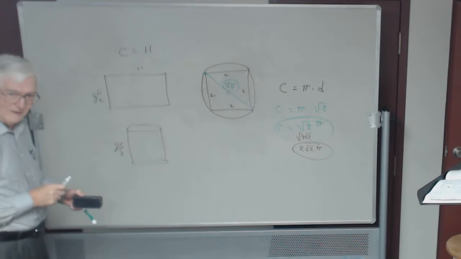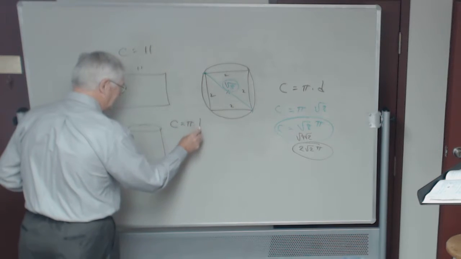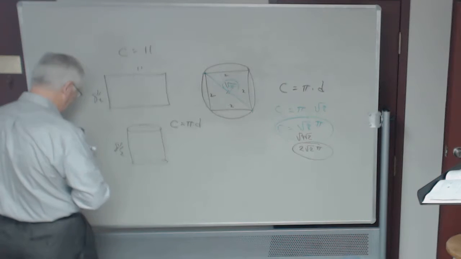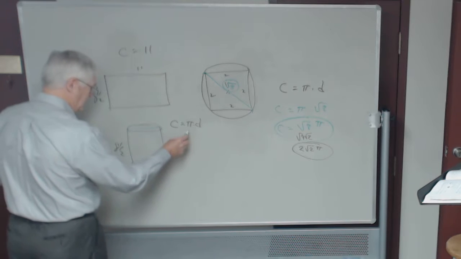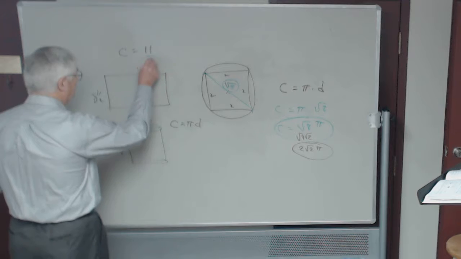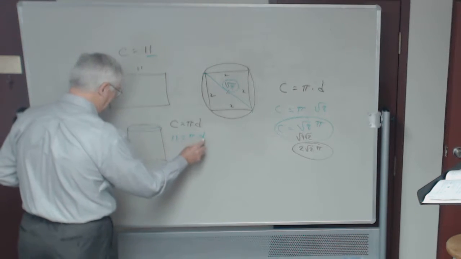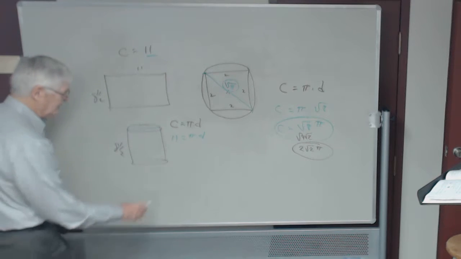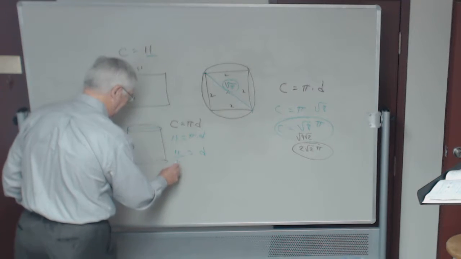You follow me? But how do I find circumference? Pi times the diameter. So the diameter times pi equals what? 11 is pi times the diameter. So the diameter would equal 11 divided by pi.